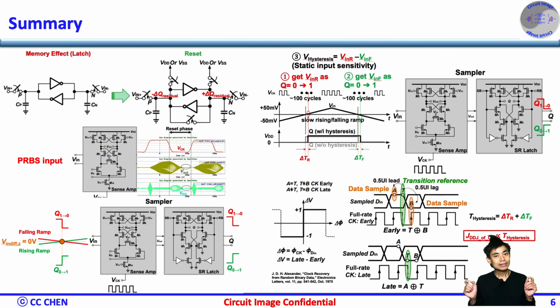Then, the edge sampler's hysteresis enlarges the data-dependent jitter DDJ of a recovery clock. Therefore, we must minimize the sampler's hysteresis as little as possible by trading off its speed.